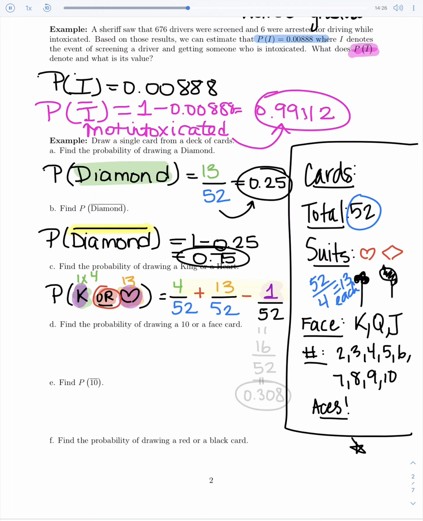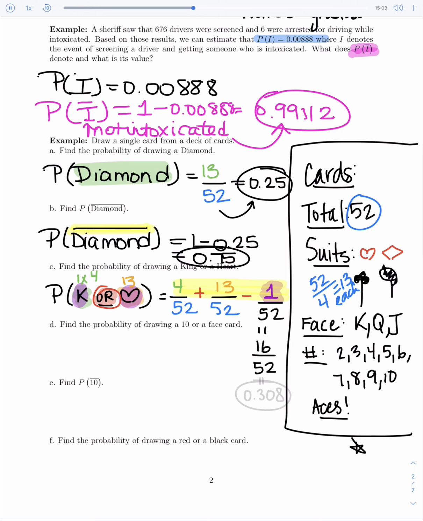So we counted up all the kings, 4 out of 52. Then we counted up all the hearts, 13 out of 52. But then we noticed the king of hearts got counted as a king and a heart, so it got counted twice. That's why we subtracted the extra copy. How do you add and subtract fractions? Luckily we have a common denominator already, so we leave that the same and add or subtract going straight across the top. 4 plus 13 is 17, minus 1 is 16.